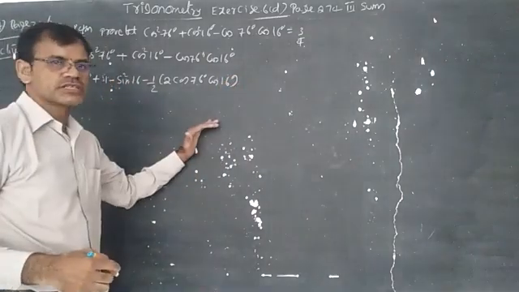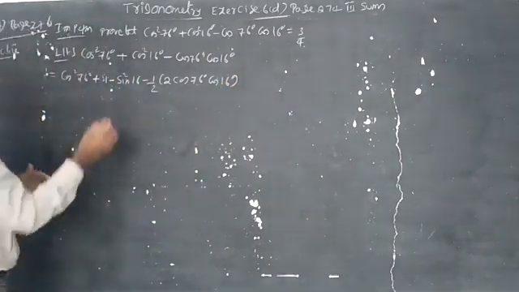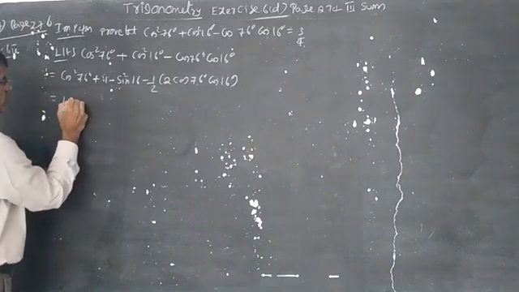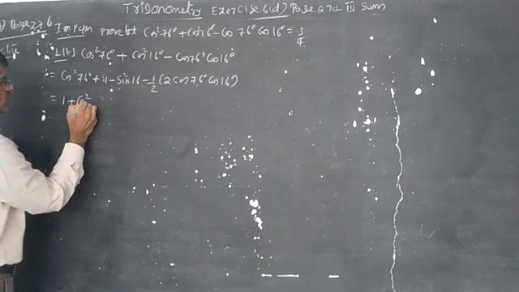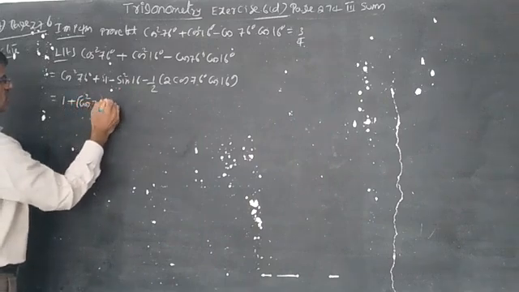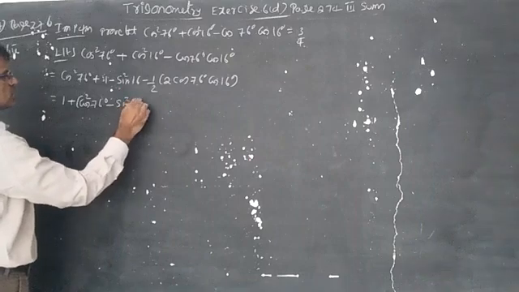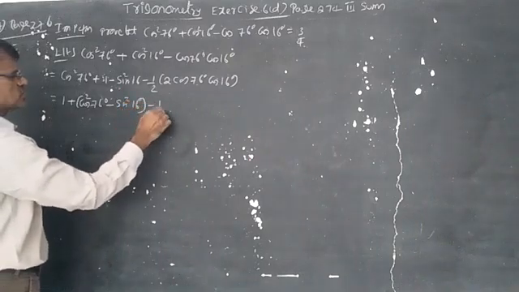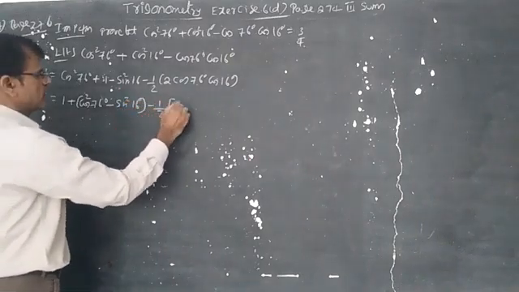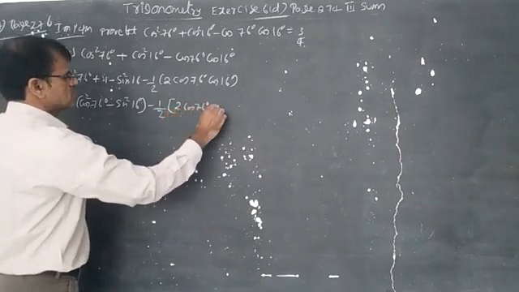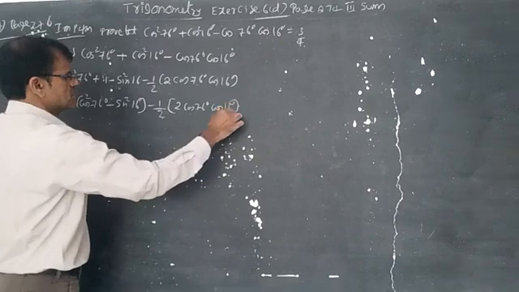You can face this same question in level 1 classwork and level 2 classwork. Now write first one, next within the brackets, cos square 76 minus sin square 16 degrees, minus 1 by 2 into 2 cos 76 degrees into cos 16 degrees.